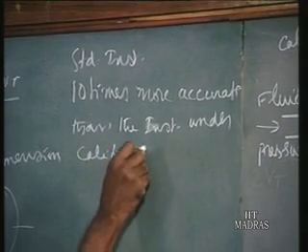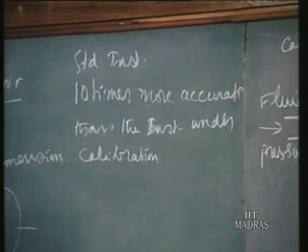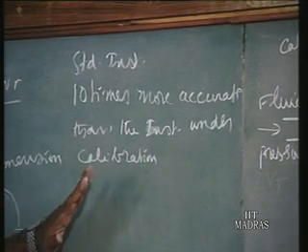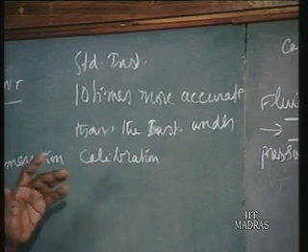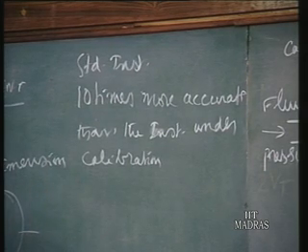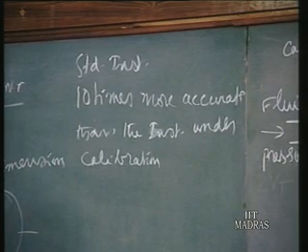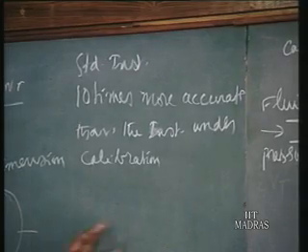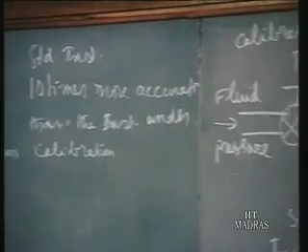That is, if the instrument under calibration has 1, 2, 3 bar as least count, the standard instrument should have 10 times more accuracy. That means we should be able to read 0.1, 0.2, 0.3 bar also. So that's why we select a standard instrument.